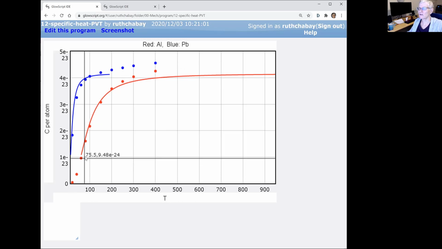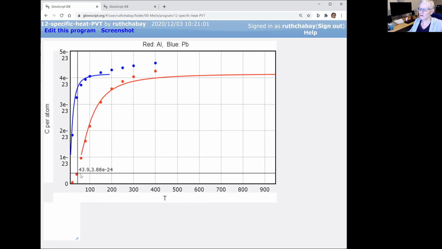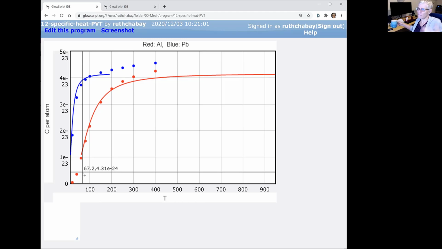Yes, the specific heat obviously decreases a lot here as the temperature gets close to absolute zero. And you can think of it that the specific heat is change in energy over change in temperature, right?